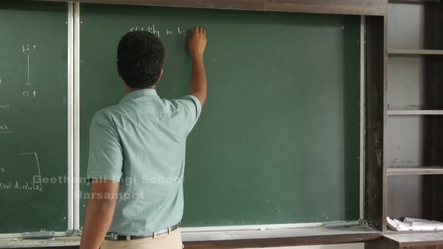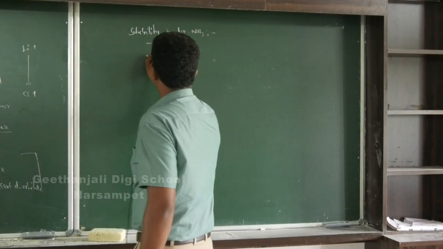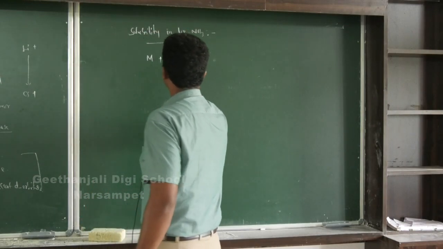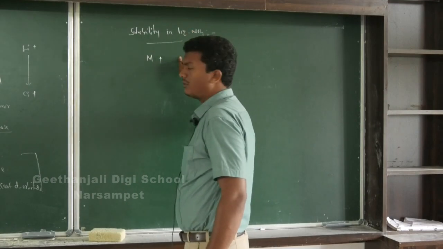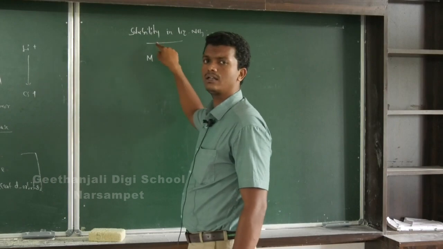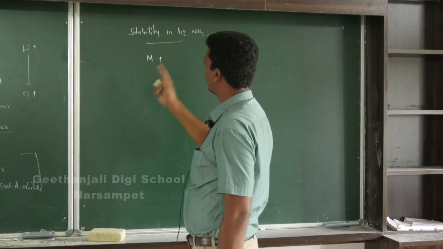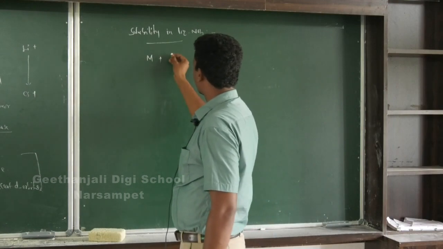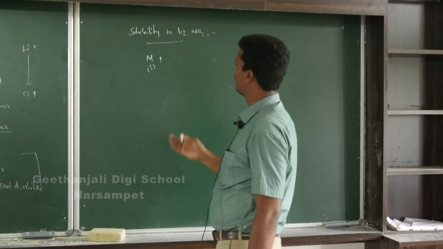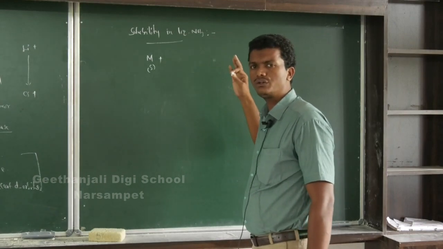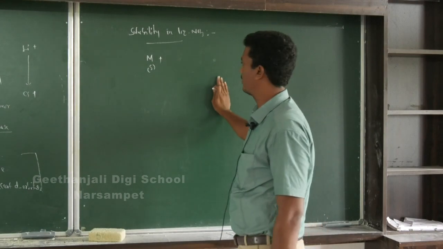Solubility in liquid ammonia. Alkali metals are highly soluble in liquid ammonia. When alkali metals dissolve in liquid ammonia, the alkali metal ionizes into its ammoniated metal ion and ammoniated electron.